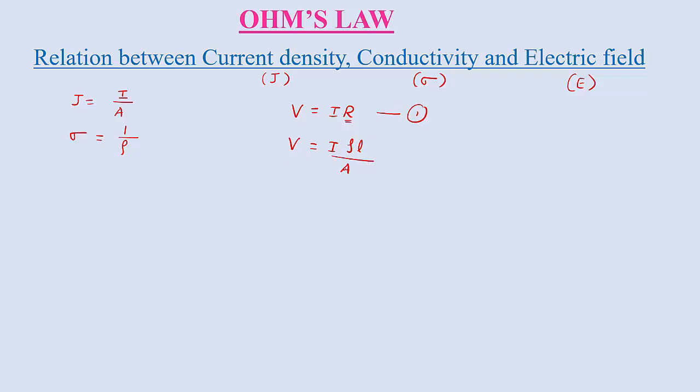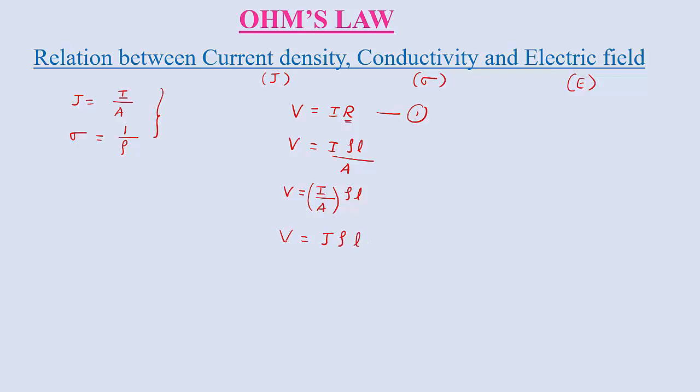L is length and A indicates cross-sectional area. So this equation can be written as I divided by A, remaining rho into L. What is I by A? Here you can observe I by A means current density. So in place of I by A, I can write J rho into L.